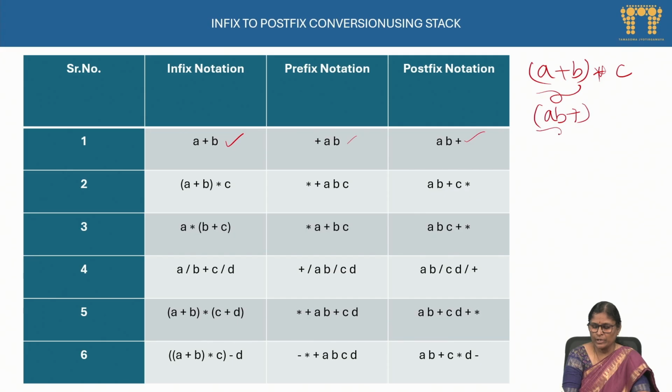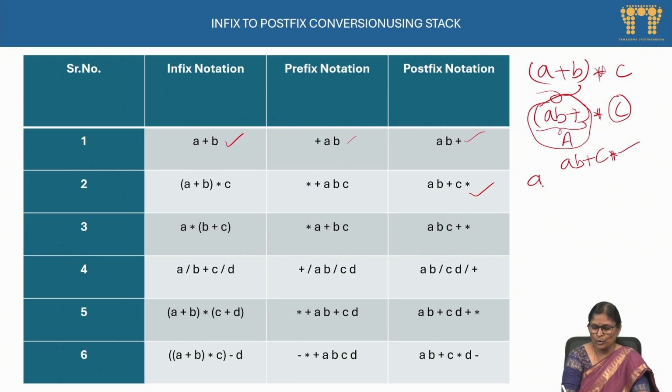Now this is considered as one operand, then we say star C. So this is one operand and this is another operand, so operand operand star, again postfix. Operand 1, operand 2 followed by the operator. So A B plus C star is the answer for the postfix.